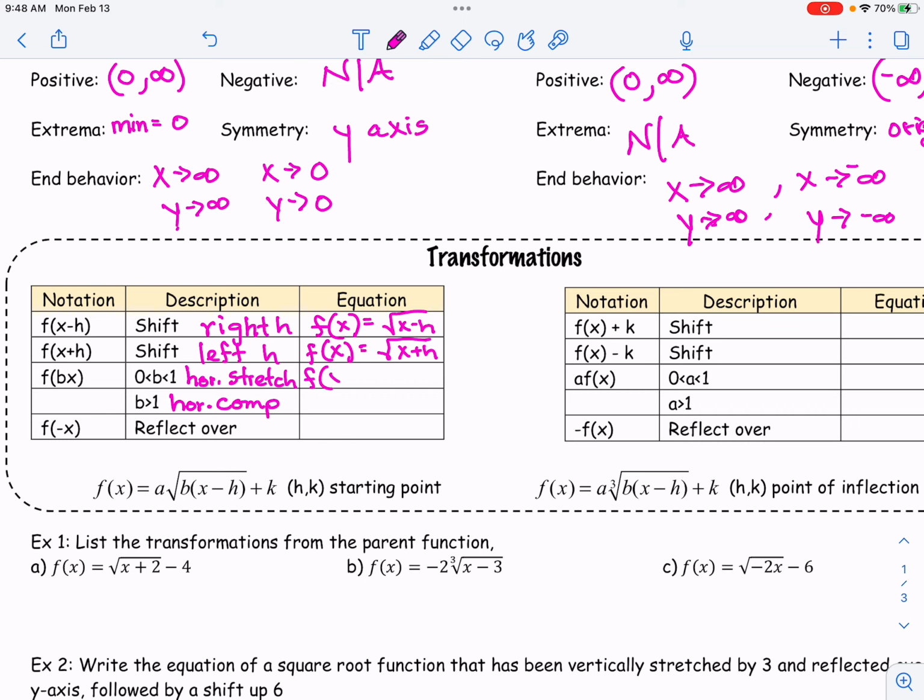This would be f of x equals, I'm going to put 1 over bx so that you know the difference. This would be bx. If your x is negative, it's reflected over the y.